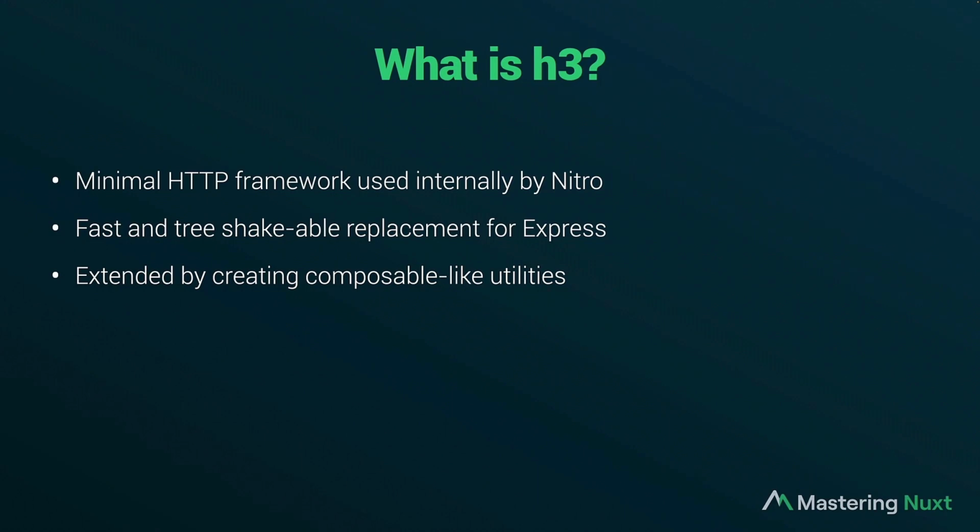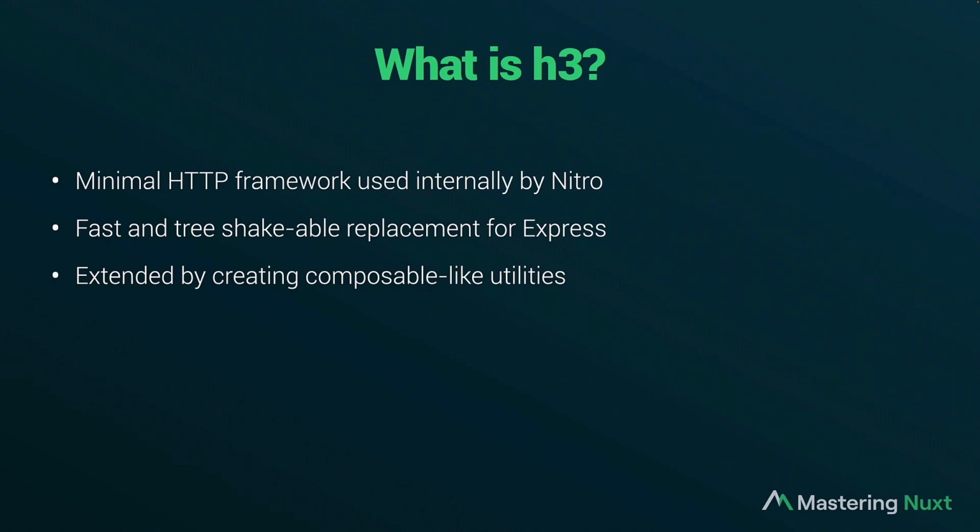H3 is also built so that it operates in a very similar way to the composition API. Although on the backend, we're not doing anything with reactivity because the request comes in, and once we run through the code, we return and exit out of that context. So reactivity doesn't really help us there.